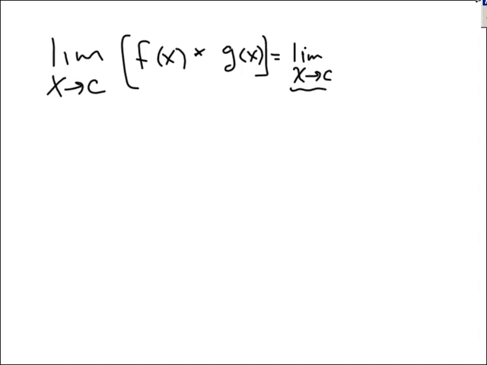Usually you don't have to bother saying x goes to c. You take the limit of f of x, and whatever that is, you multiply it by the limit of g of x.